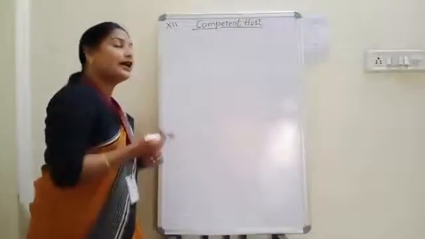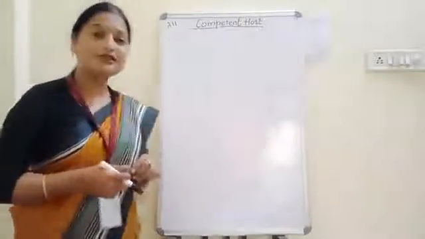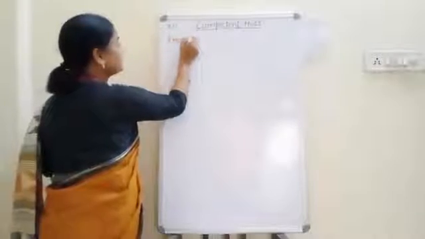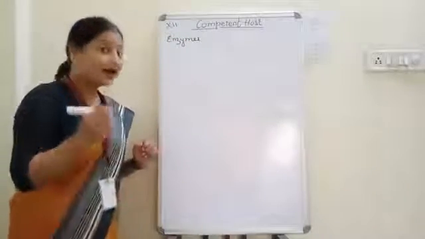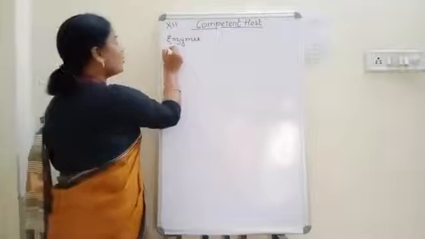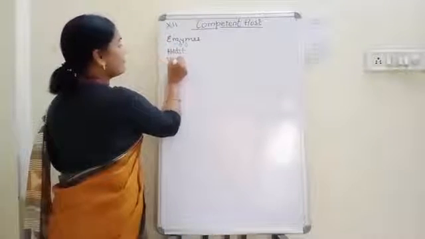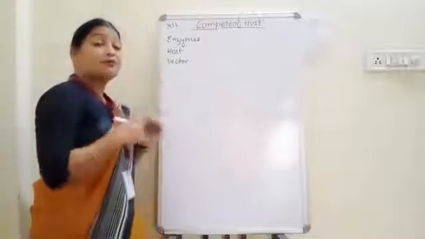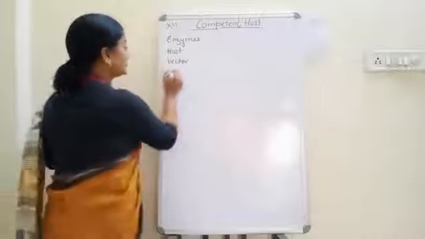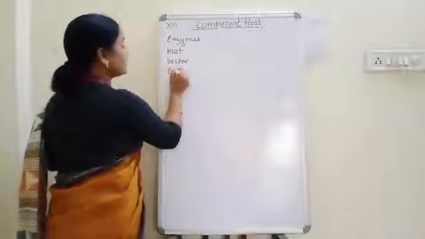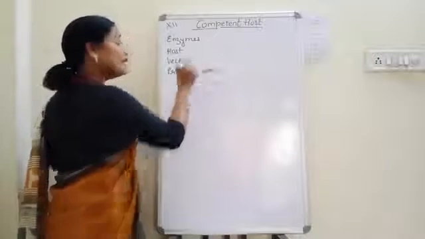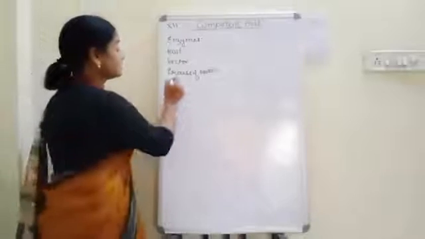Children, see what I have told you: in case of biotechnology we need a few things like enzymes, after that we need a host, vector, and the process, that is the process of biotechnology, and gene of interest.